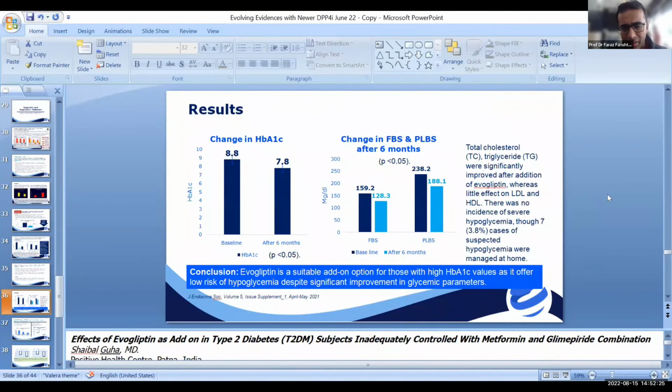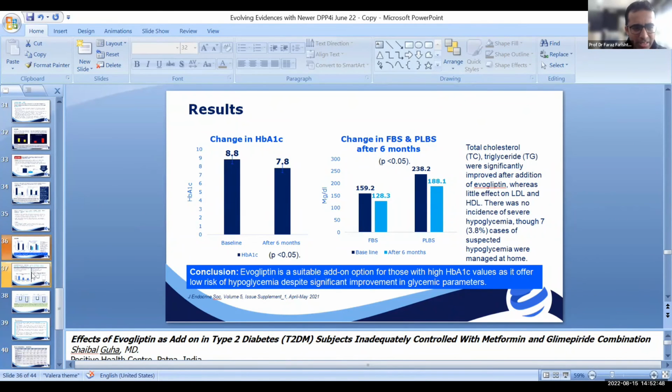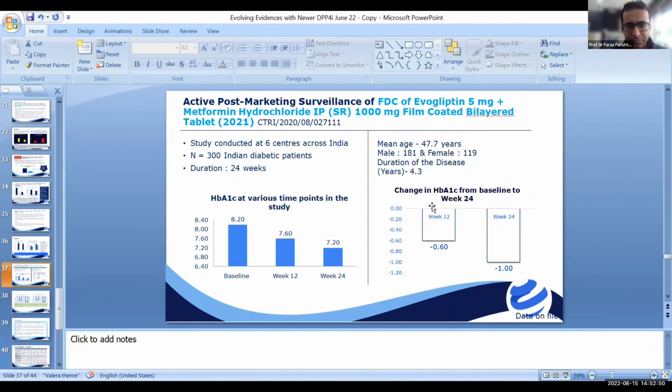So again here it concludes that Evo is a suitable add-on to patients who are uncontrolled on metformin and glimepiride. The chances of hypoglycemia are very less. And you will see there was not only fasting but also postprandial reduction and better A1C control in patients who were started on this therapy.